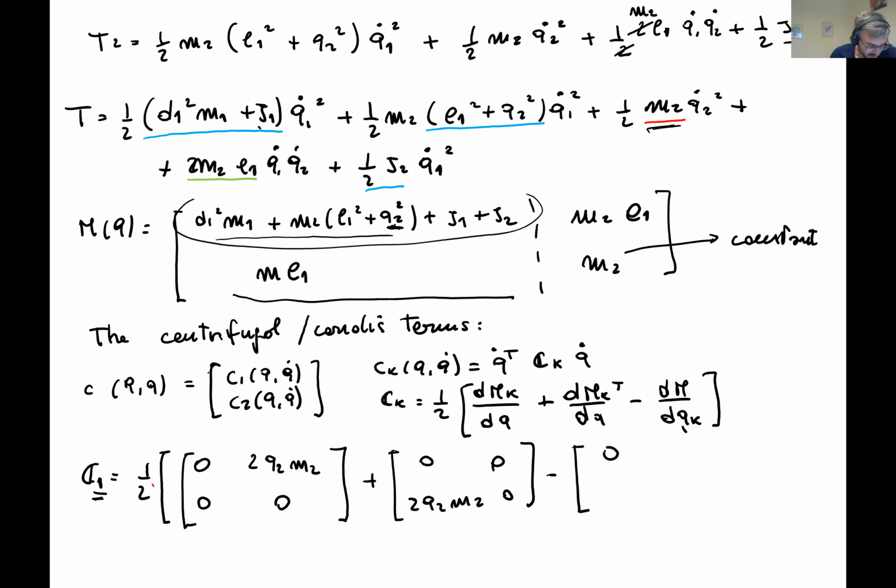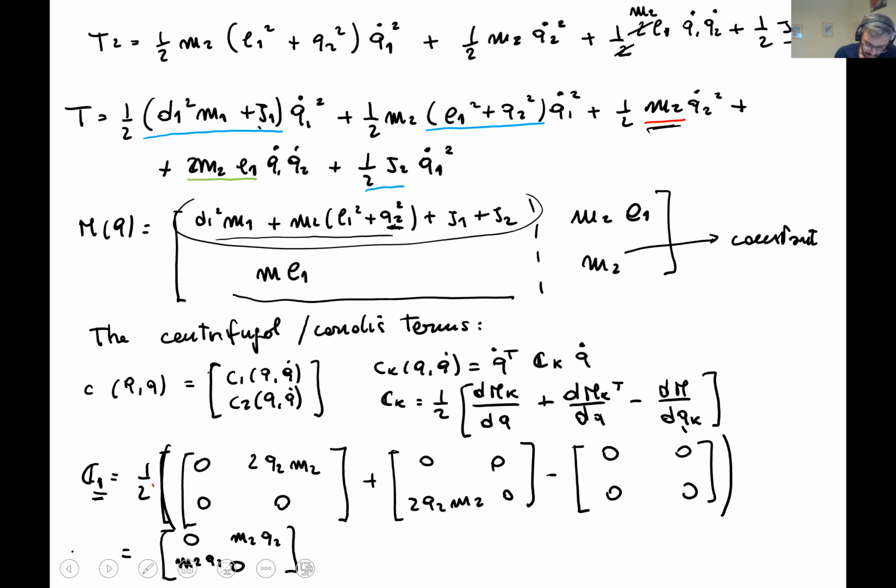And we get 0 for the first term, and the other ones that are constant are also 0. So this is the first Christoffel symbol, which is a matrix with zeros on the diagonal and off-diagonal terms this way. Okay.